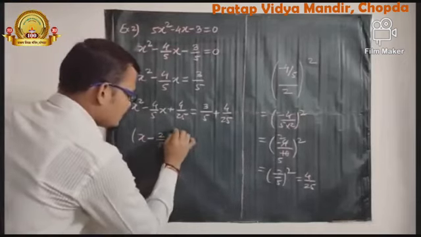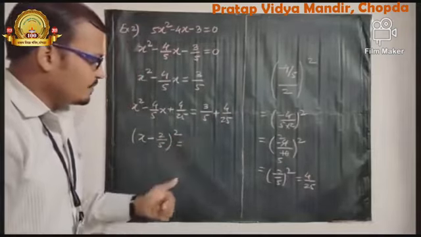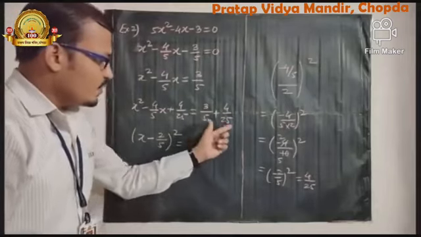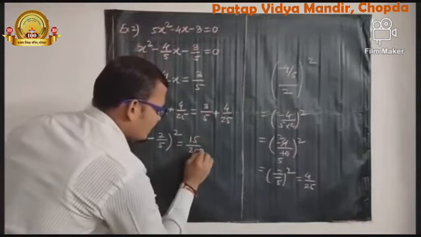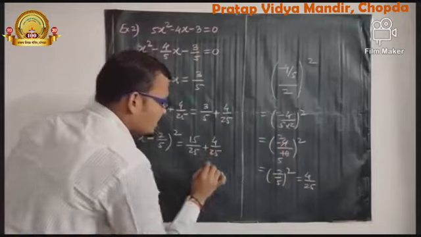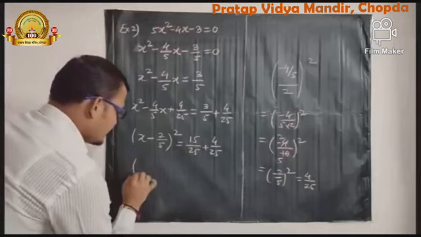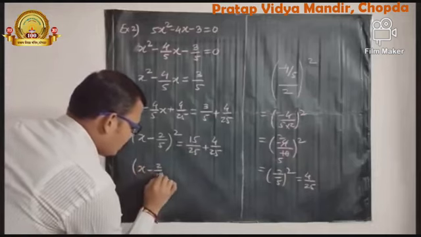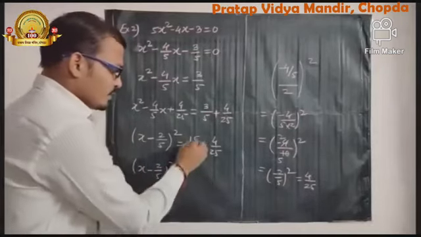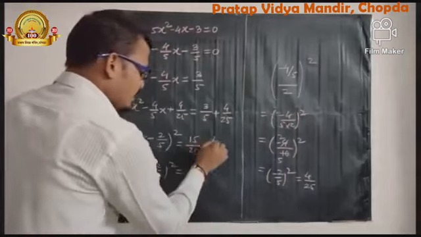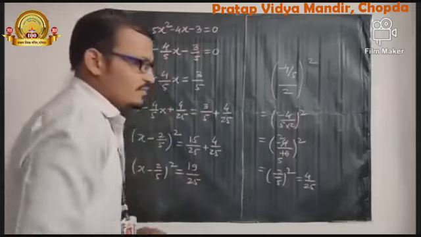So we can write this as (x minus 2 upon 5) whole square, and on the RHS we make both denominators the same. So we get 15 upon 25 plus 4 upon 25. Now you can easily add the RHS terms. As the denominators are the same, we just add the numerators, 15 plus 4 is 19 upon 25.